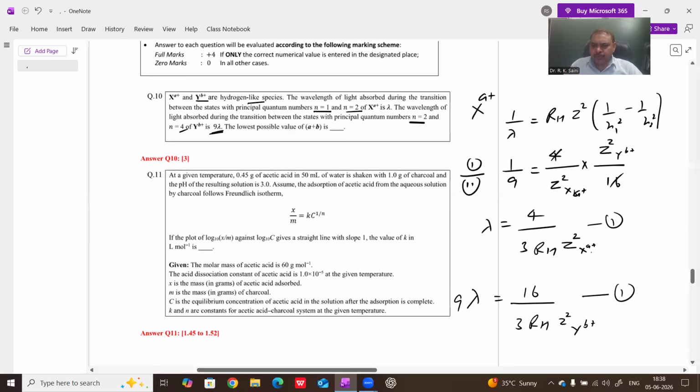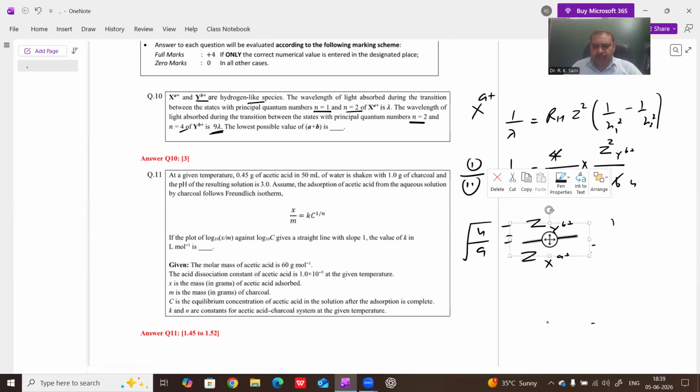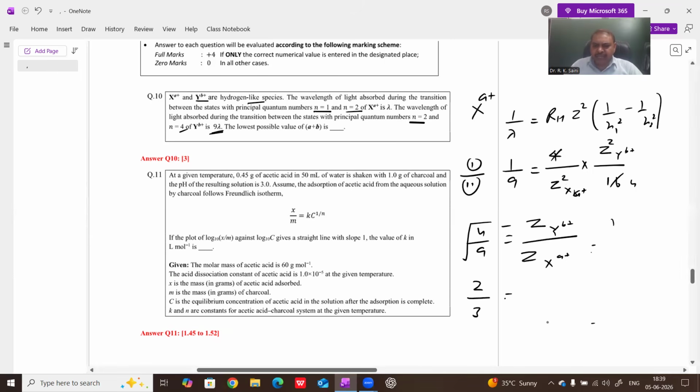On solving, we find the atomic numbers of species X and Y. 4 by 9 equals the square of the atomic number of Y B positive upon the square of the atomic number of X A positive. By taking the root, we find the ratio of their atomic numbers is 2 by 3. Therefore, the atomic number of Y species is 2, which means it is helium, and the atomic number of species X is 3, which means it is lithium plus 2.